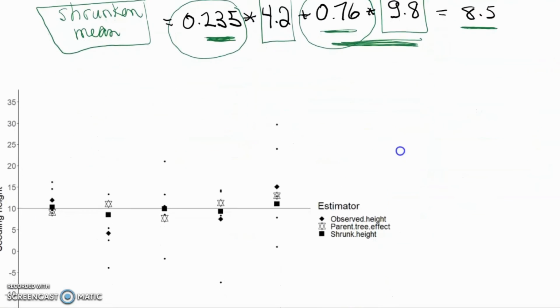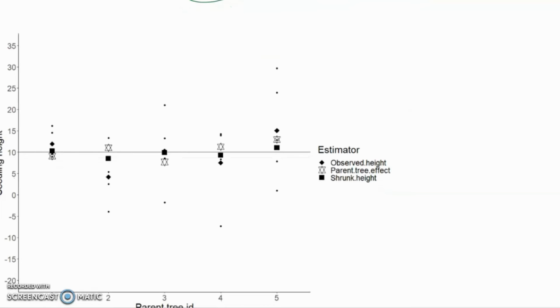Okay. And so we simulate those data, we plot them out, and here we see our tree 2. And here's our tree 2 right here. That's tree 2. And there's the value of tree 2 that we actually used when we simulated our data.